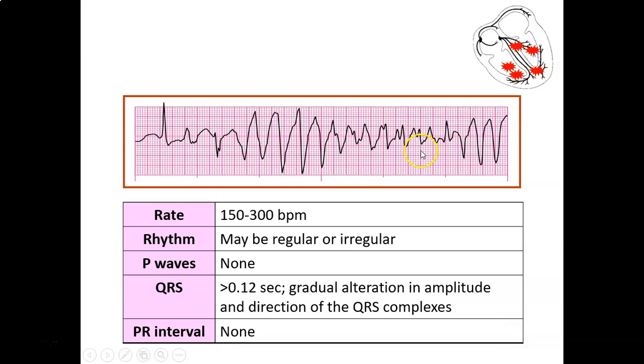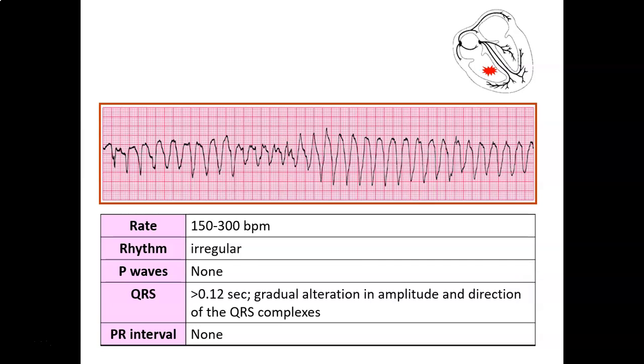But it's polymorphic, so it's polymorphic ventricular tachycardia. The source is from multiple areas. So here there are multiple ectopic foci. They have taken over the complete control of the electricity and are responsible for creating this type of arrhythmia.